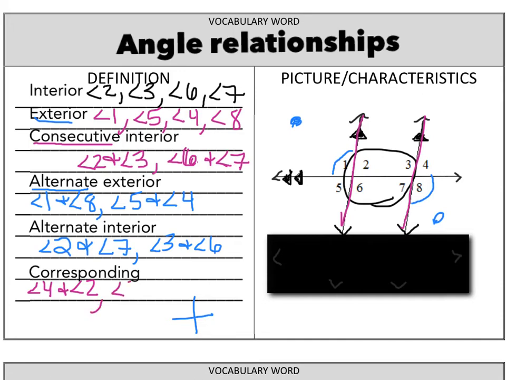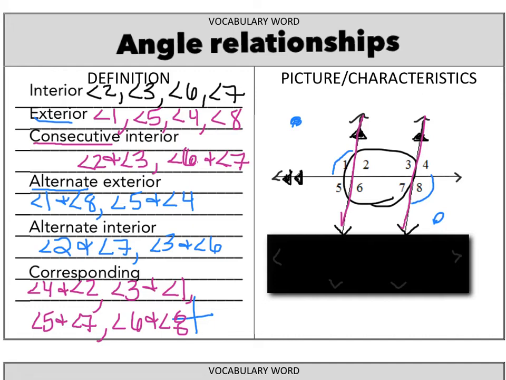Using that same method, angle 3 and angle 1 are both on the top left. Angle 5 and angle 7, they're both on the bottom left. Angle 6 and angle 8, they're both on the bottom right.